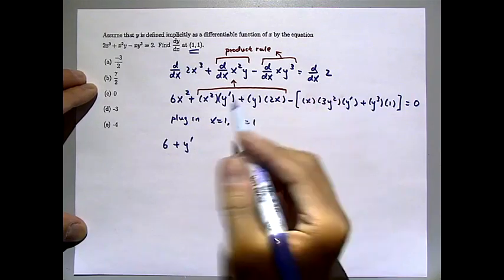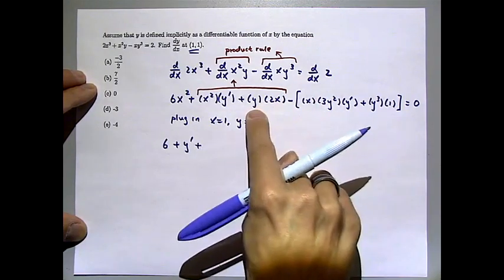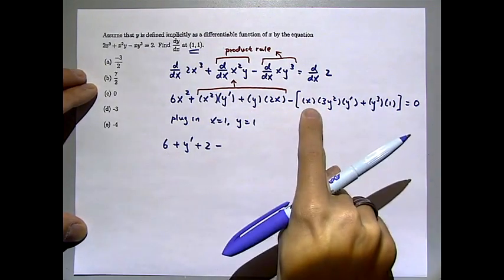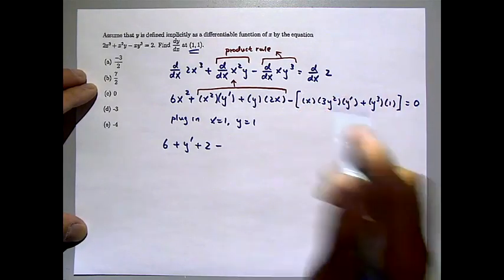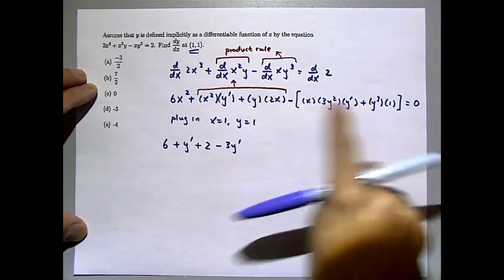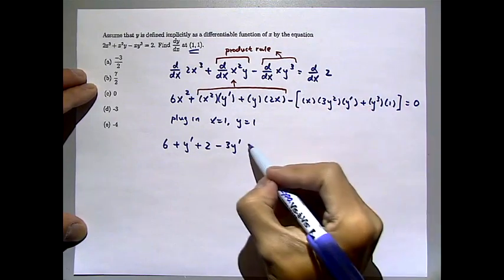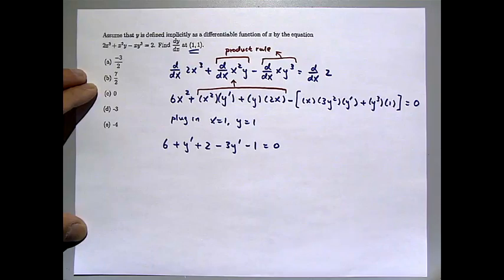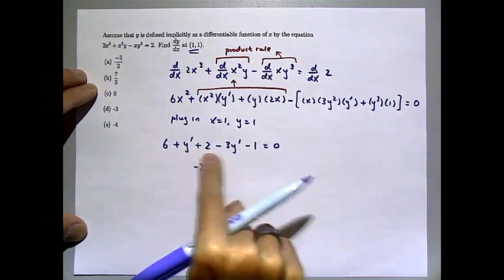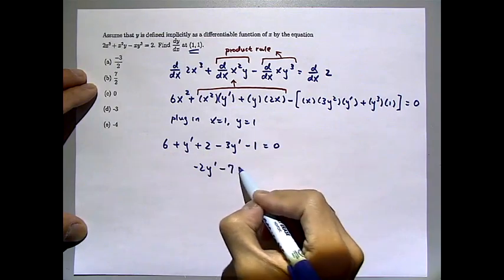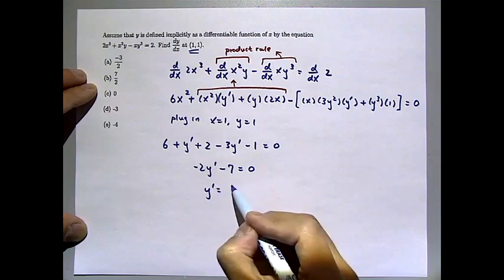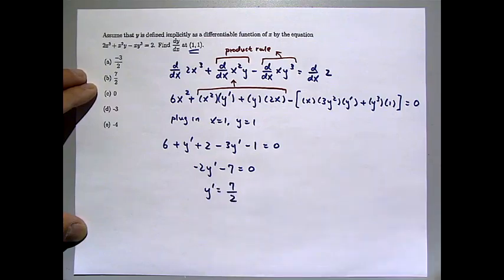That's a 2 plus 2y, rather 1 times 2, that's a 2. Minus, what do we get? We get 1, 3, minus 3y prime, minus 1, equal to 0. So that tells me minus 2y prime minus 7 is equal to 0. So y prime is equal to 7 over 2.